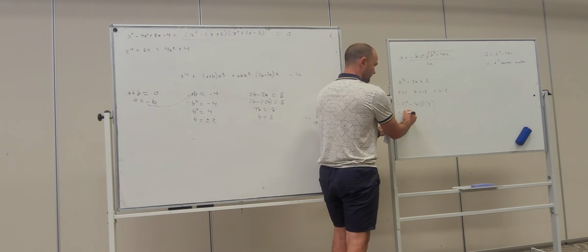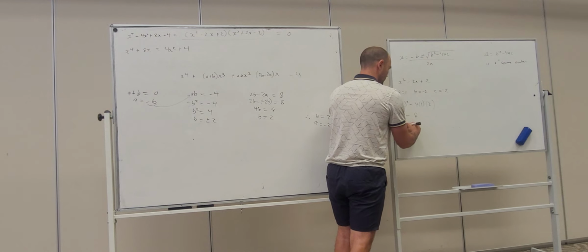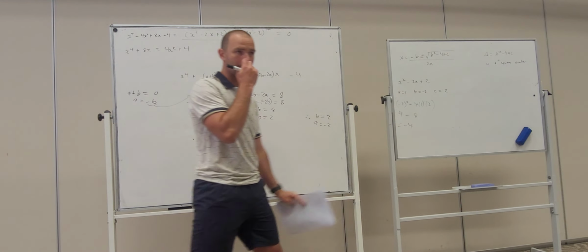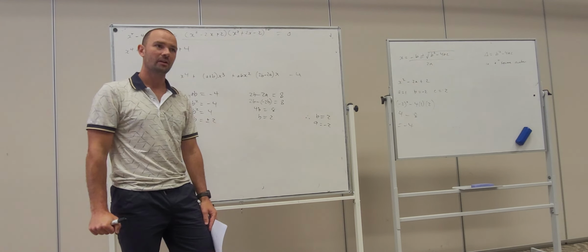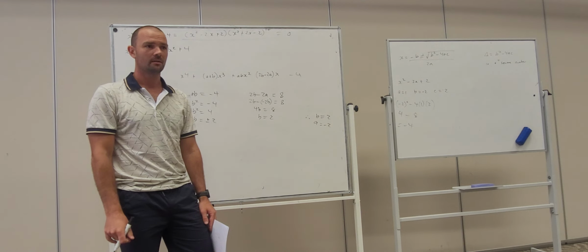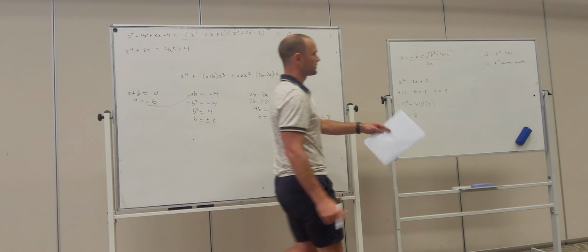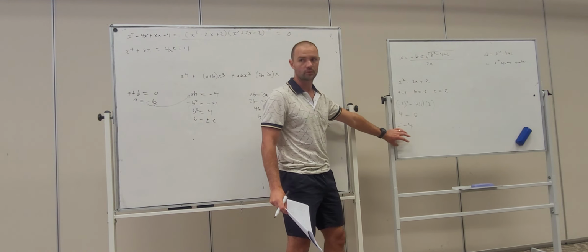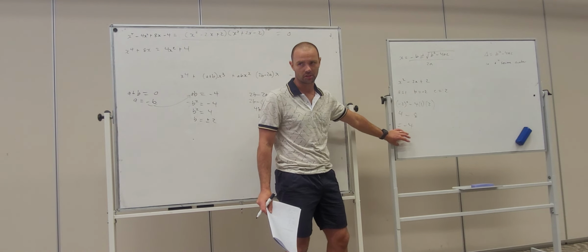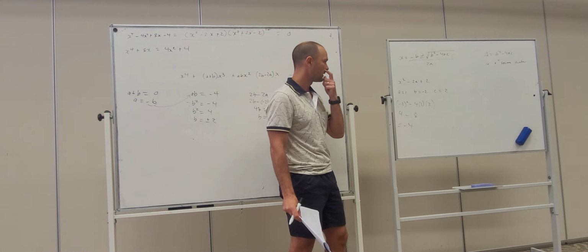This will be positive 4, take away 8, we've got minus 4. Okay? Minus 4, so 4 is a square number, but because it's negative, it means it's not positive. So we can't find the roots via factorization. We cannot factorize them out.